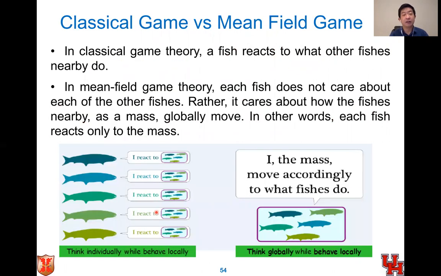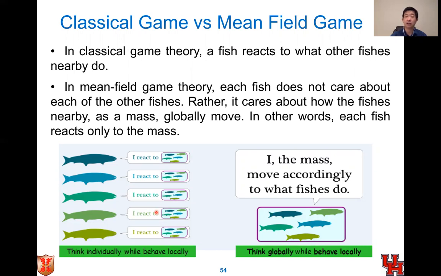So in classic game theory, for example, if you want to do a control, this shark tries to control those small fish, thousands of small fish, and then you have to do individual control, which will be very difficult. On the other hand, by using the mean field, you can consider this school of fish as a mean field, and then you do the control.